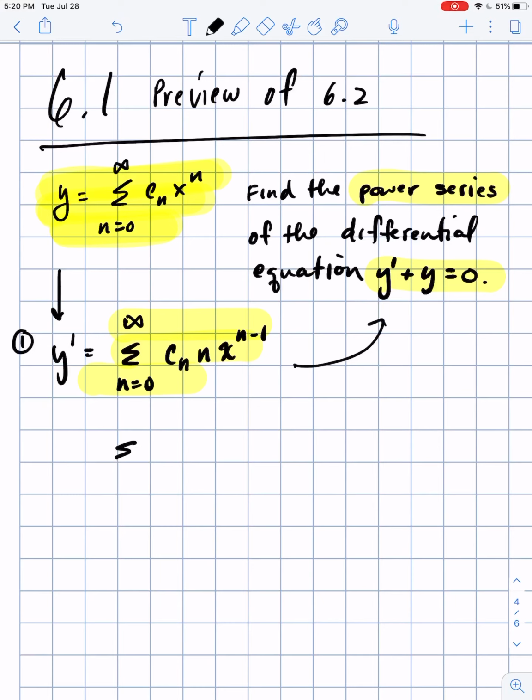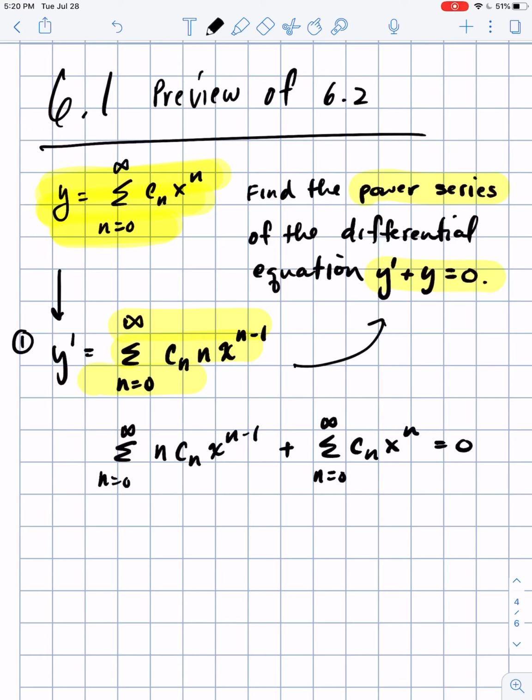So what it'll look like is, we have plus y and then we have it equal to 0.